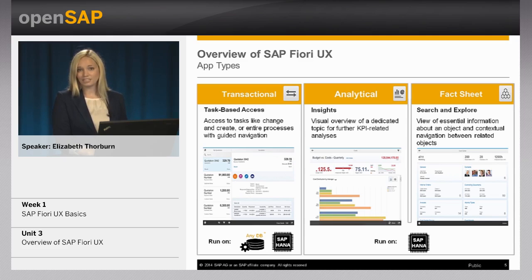In addition, fact sheets allow you to navigate from one fact sheet to another related fact sheet or to a transactional app. You'll notice that transactional apps have been developed to work on any database, but they do run best on the SAP HANA database. Analytical apps and fact sheets, however, require SAP HANA as the underlying database. No exceptions.